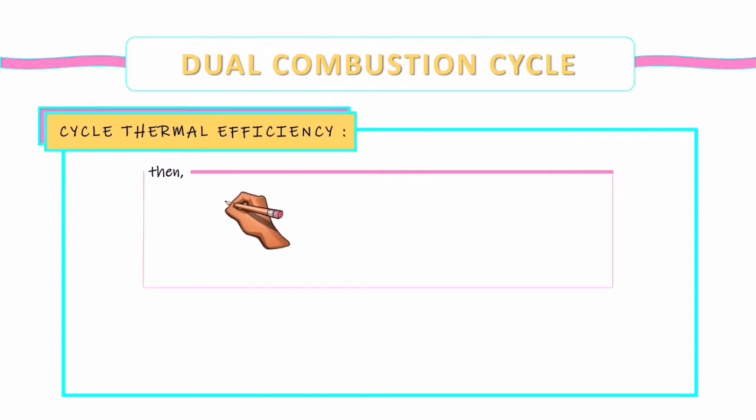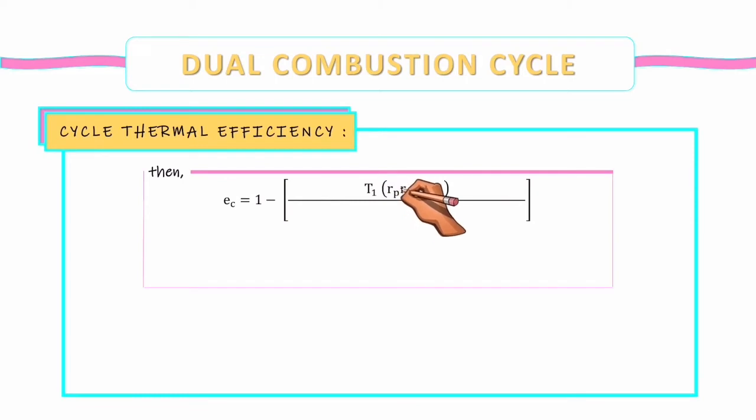Then Ec is equals to 1 minus quantity of T1 multiplied by Rp Rc raised to k minus 1 over T1 Rk raised to k minus 1 multiplied by Rp minus 1 plus kT1 Rk raised to k minus 1 Rp multiplied by Rc minus 1.